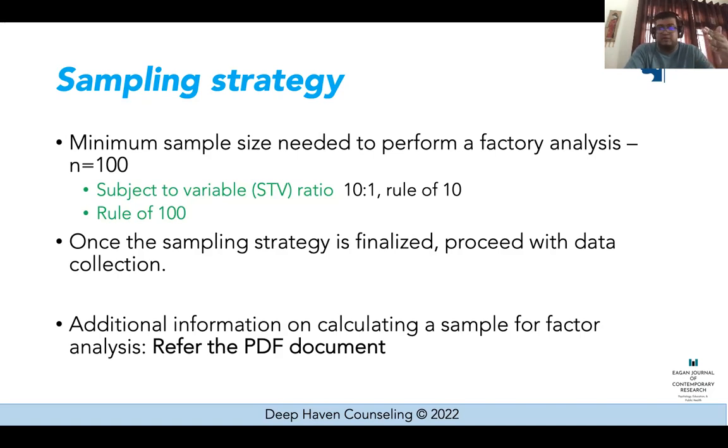So this rule of 100, rule of 200, rule of 300, and so on, and then subject to item ratios, you need to find credible research papers to justify your stand. If anyone of you requires it, you can email me. I have given my email address, and I am more than happy to send the PDF document.